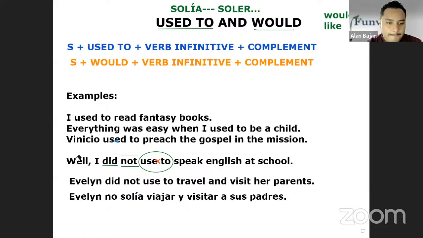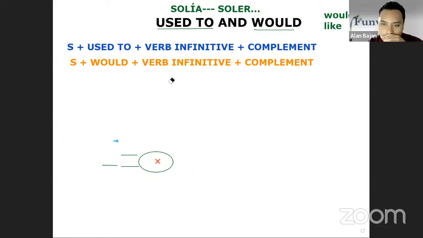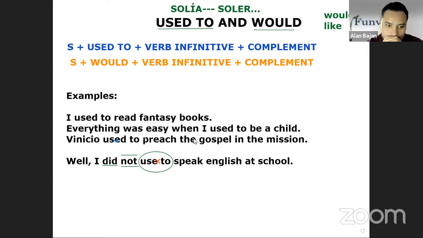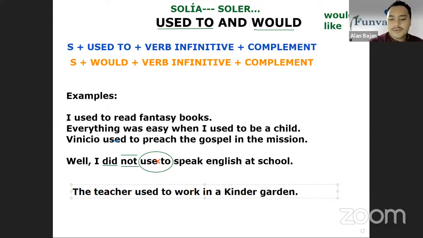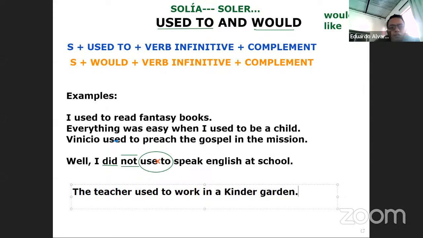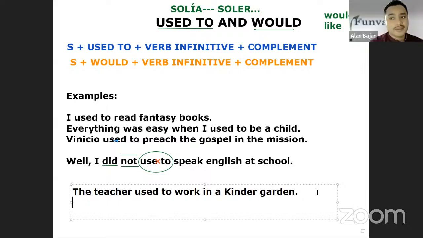Let's create more examples. The teacher used to work in a kindergarten. What is the negative sentence for that, Eduardo? Negative sentence. Okay. I did not. I or the teacher?